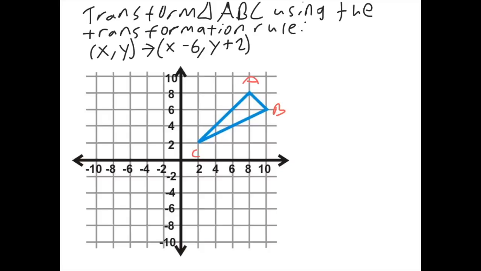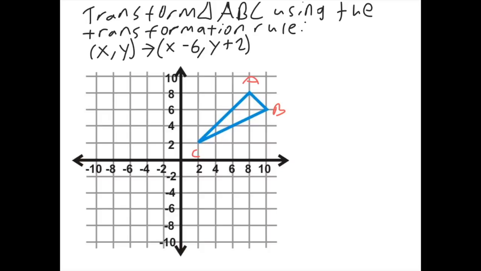What that means is, for every point on that shape, we will move horizontally to the left 6 units, because it's negative 6, so we'll move to the negative side. So we'll move left 6 units and up 2 units because it's plus 2. So remember, x is horizontal movement, y is vertical movement.